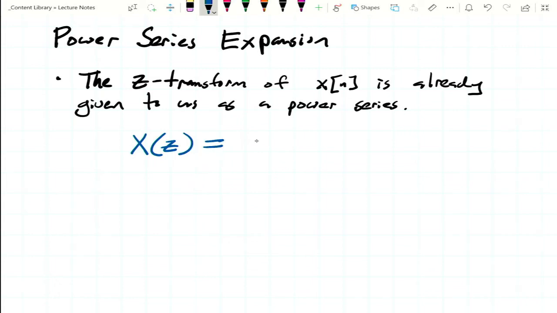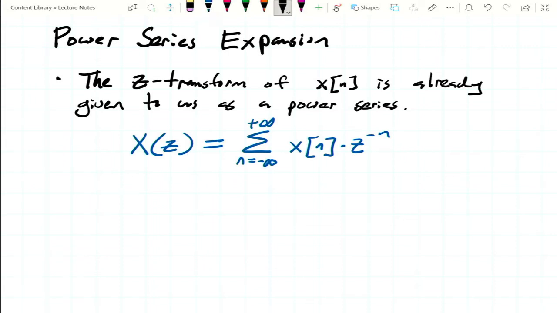So x of z is already given to us as the bilateral sum, n equals negative infinity to positive infinity, x of n z to the negative n.